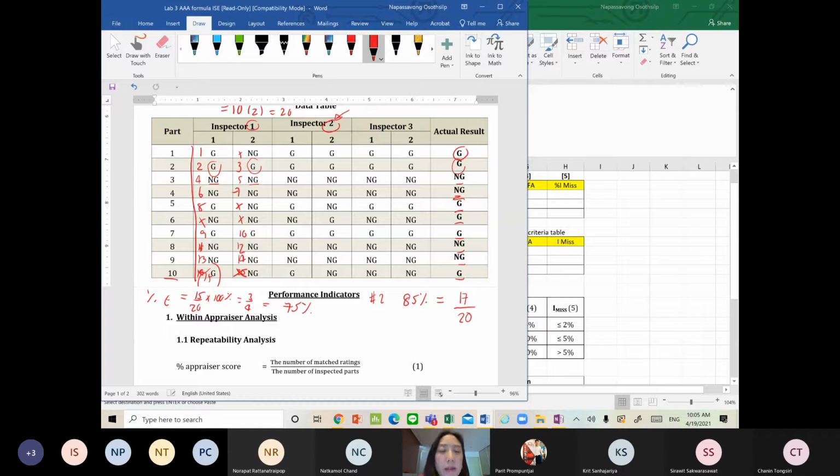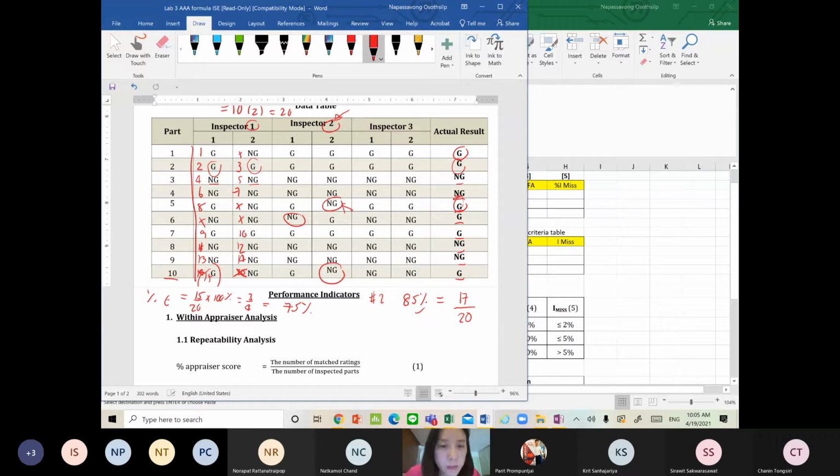That's great, that's correct. So the 3 times that are not correct is this one, G that he tells NG, and this one, and also this one. So 3 opportunities that are not correct, the other 17 are correct. So exactly it's 85%.